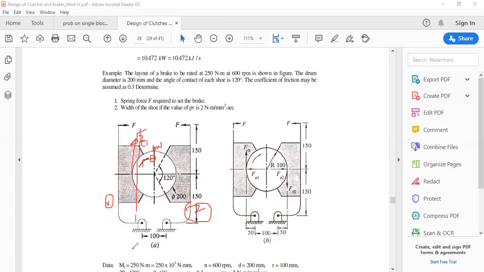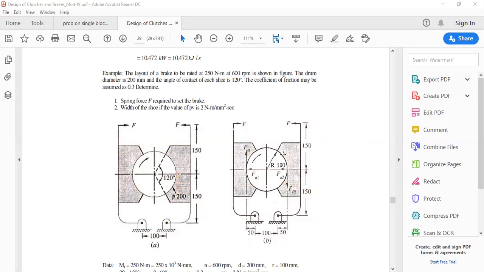And in the other case, rotating clockwise, the value of ft acts towards the fulcrum pin, so this is ft2. These are the two kinds of problems we are representing here, ft1 and ft2. This is the first case and this one is the second case. The value of c is this one, this is b and this is a. With this information we proceed to the calculation part.